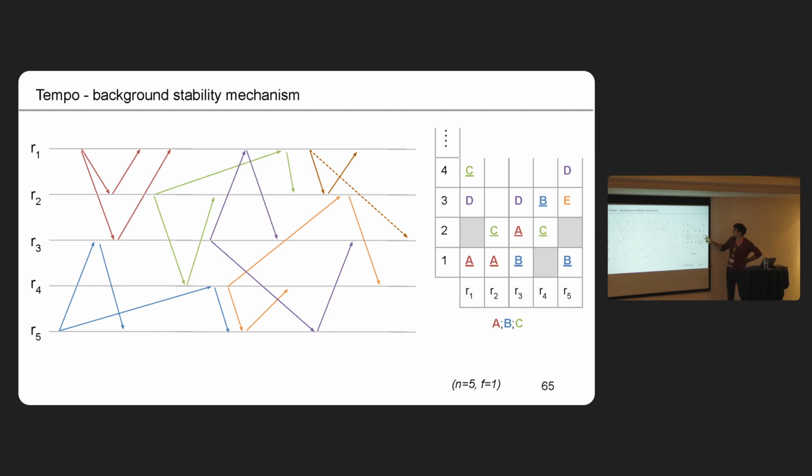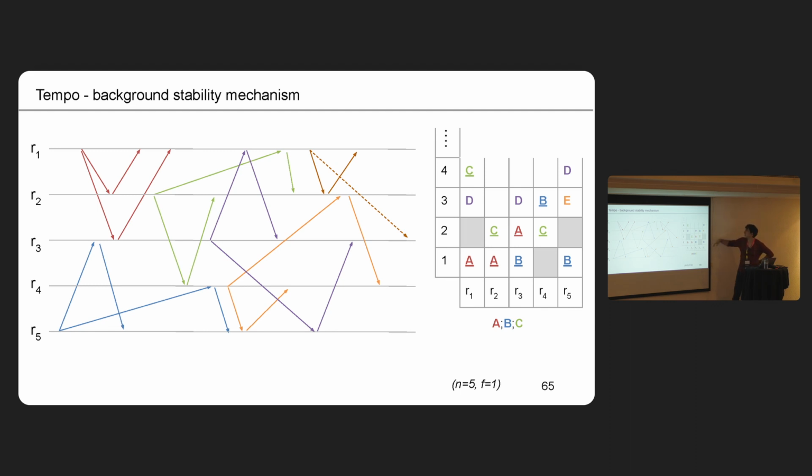There are also gray boxes in the table. This indicates that you skip some of the timestamps, what is called in Tempo detached promises, because you did not assign the promise to any command.